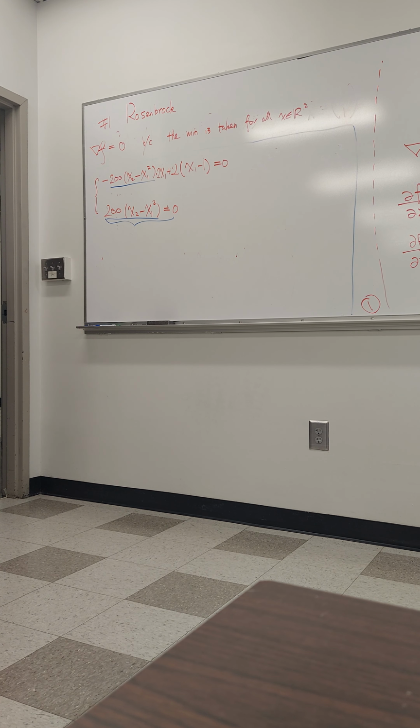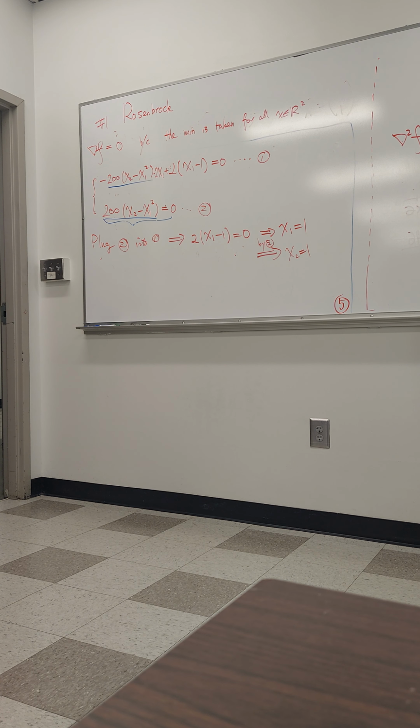So the first term will be partial x1 twice, the second term is we take partial x1 first and partial x2 second, then we have the term where we take partial x2 first and partial x1 second, and the last term is we take partial x2 twice.